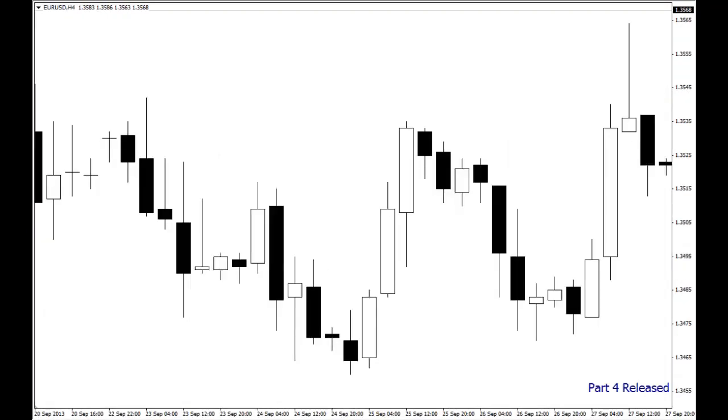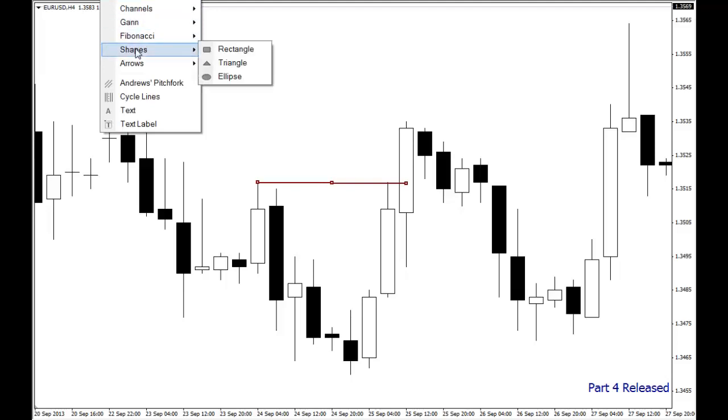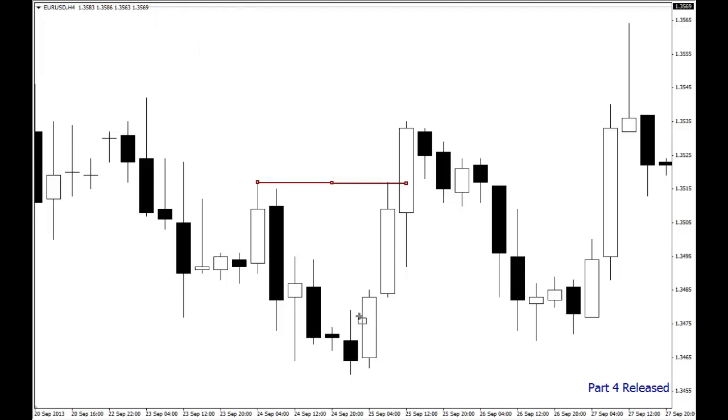Okay, we have the 4-hour chart here. We have market structure breaking here, breaking this high here, coming back down, trading into this previous order block. We're going to put a few different order blocks on this chart.